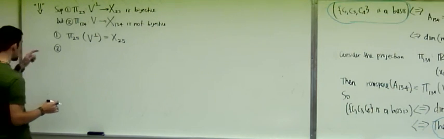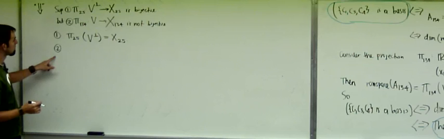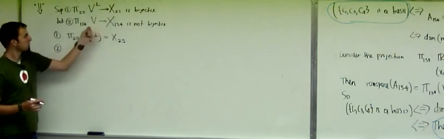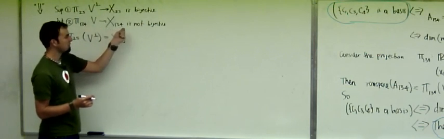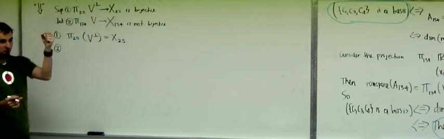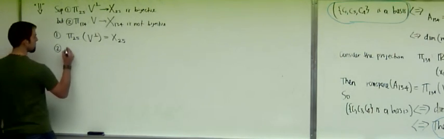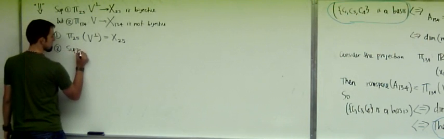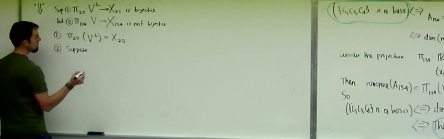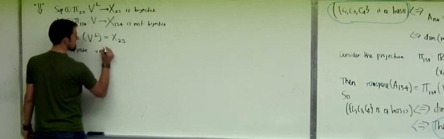Now, what about 2? Well, this projection of V onto x134 is not bijective. What that must mean is that something projected to 0. So suppose V projected to 0.